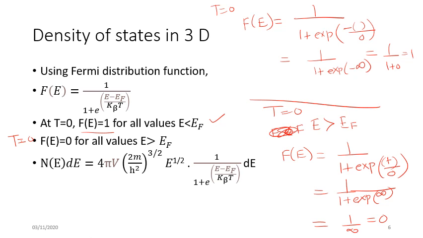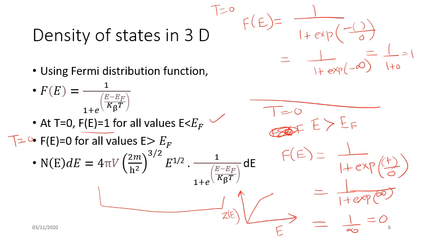So if we attach this part to the density of states, we will get the final equation like this. Here you can see what originally happened. The original equation was like this. This was my energy and this was my Z(E), and it was parabolic in nature.